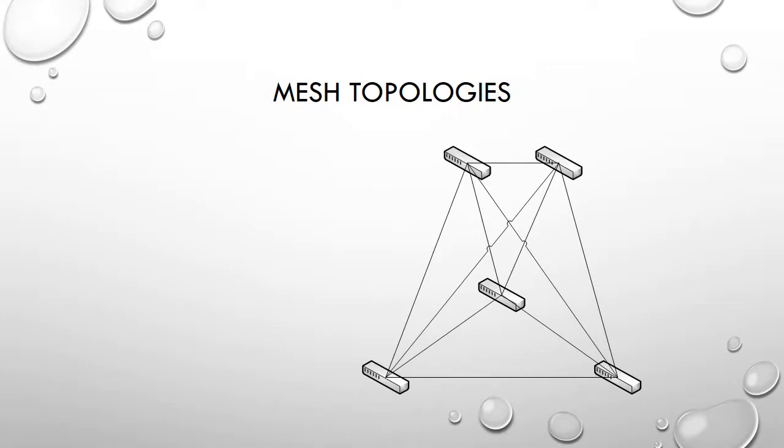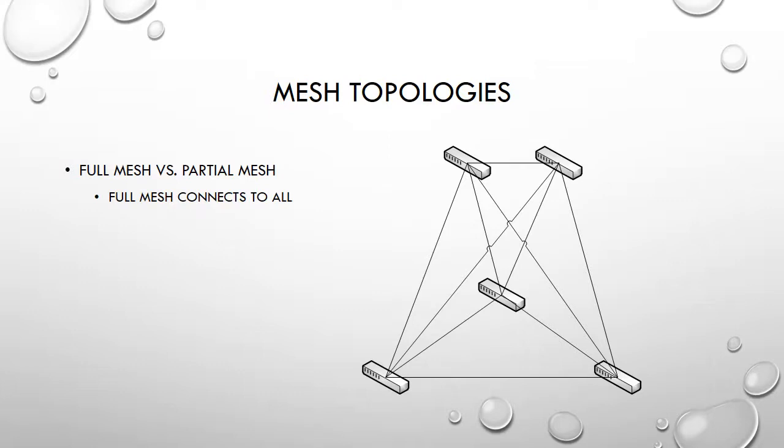Next up is the mesh topology. This is by far the most redundant topology. So the mesh topology can be broken down into either full mesh or partial mesh. And it's pretty straightforward, but with a full mesh network, every device connects to every other device, just like in the picture to the right.